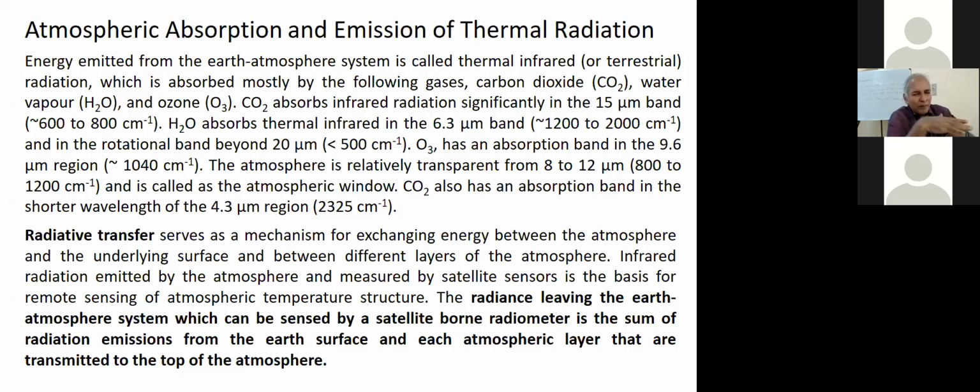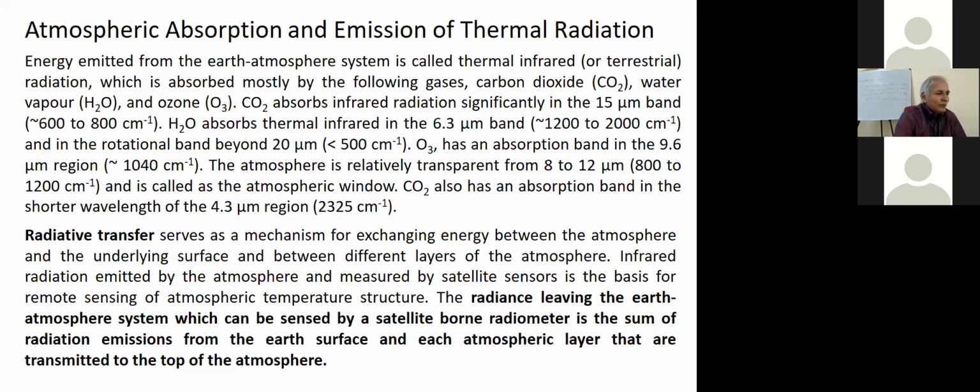The Earth is radiating, and whatever the Earth is radiating and the overlying atmosphere allows to be transmitted reaches the radiometer in the satellite. The second contribution comes from each and every layer of the atmosphere that is radiating and which the overlying atmosphere transmits so that it can reach the radiometer in the satellite. So the contribution comes from the surface of the Earth, transmitted by the overlying atmosphere, and from the atmosphere, transmitted by the overlying atmosphere.